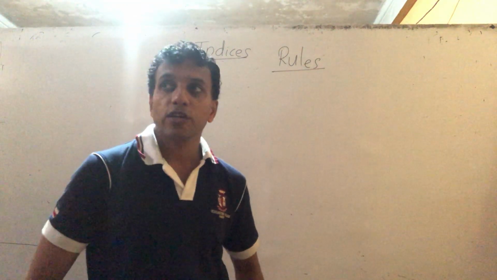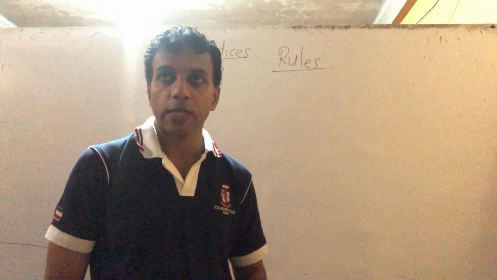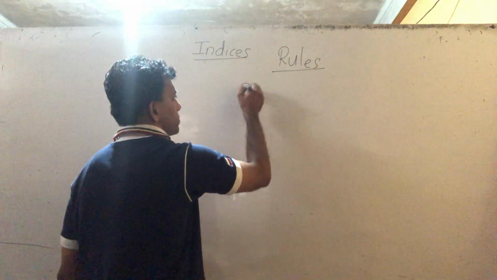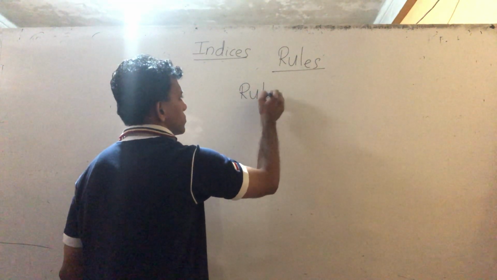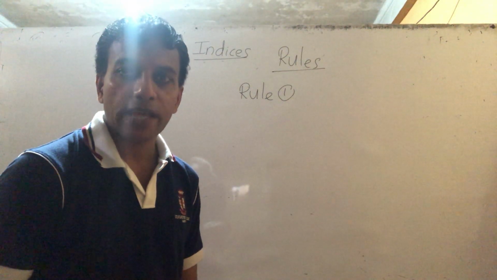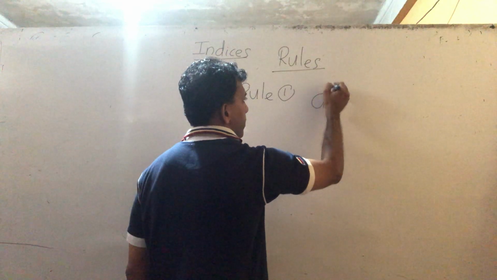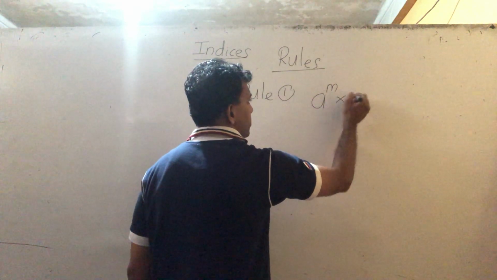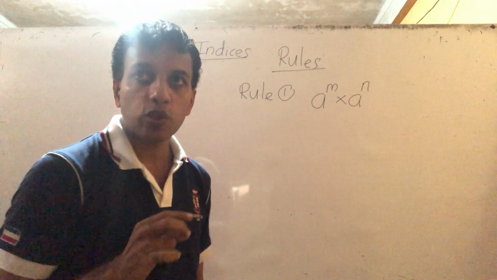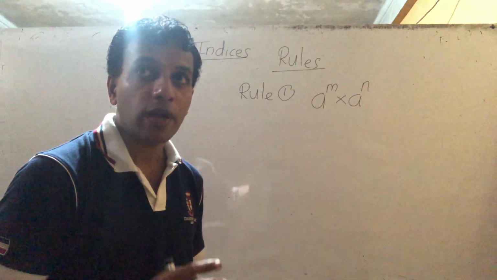So see what the rules are. We have so many rules in indices. Step by step we'll see, rule number 1 first. So what does rule number 1 state? a to the power m multiplied by a to the power n.